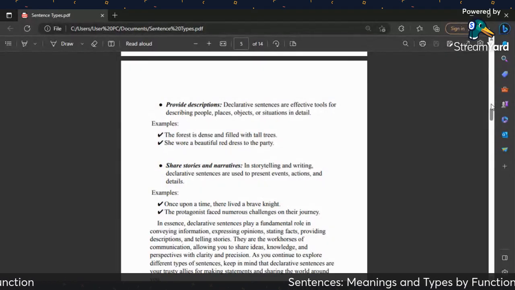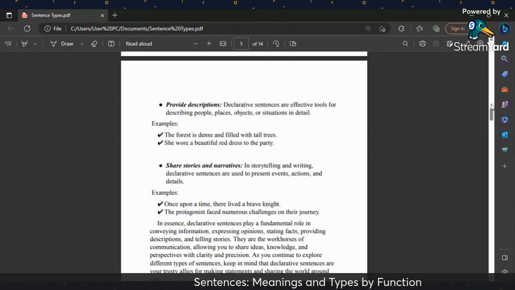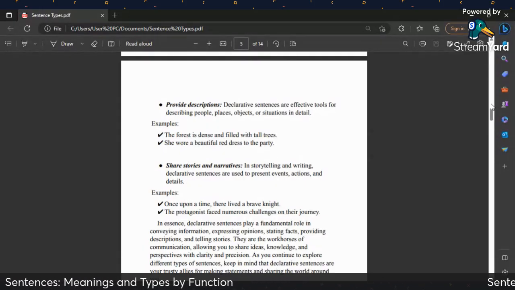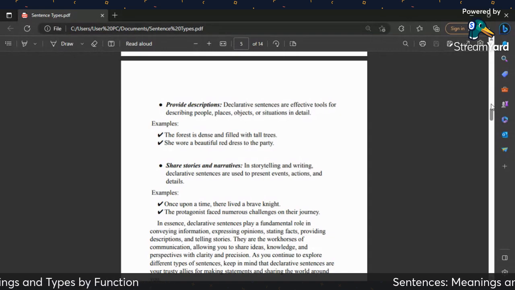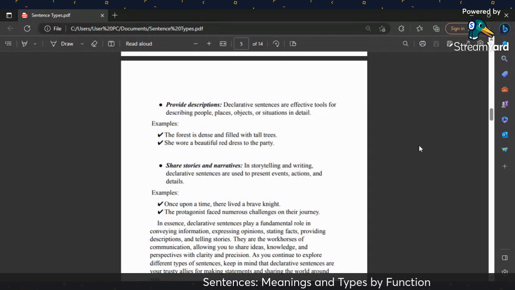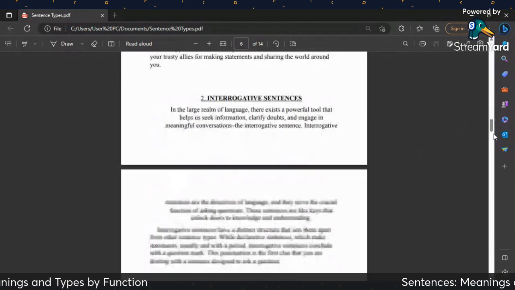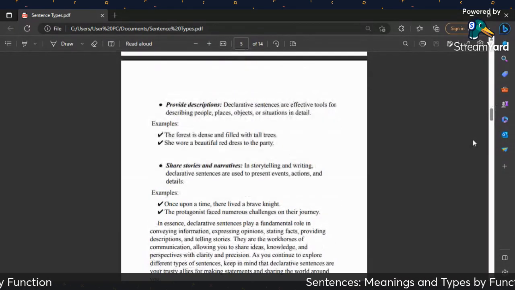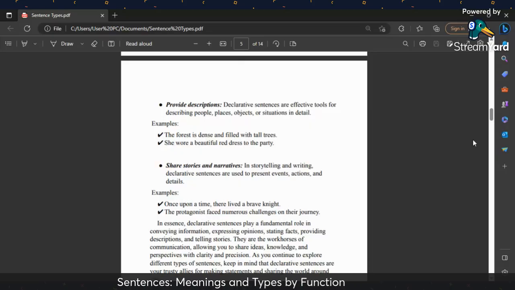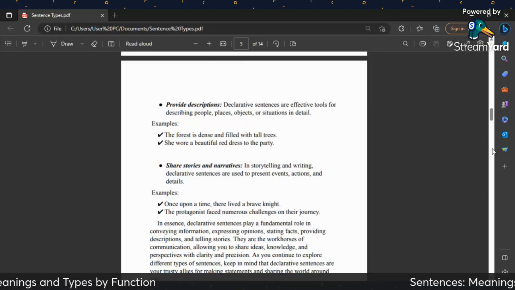The protagonist faced numerous challenges on their journey. These are examples of declarative sentences that portray narratives or share stories. In essence, declarative sentences help us to convey information, express opinions, state facts, provide descriptions, and tell stories. And you need to take them seriously.